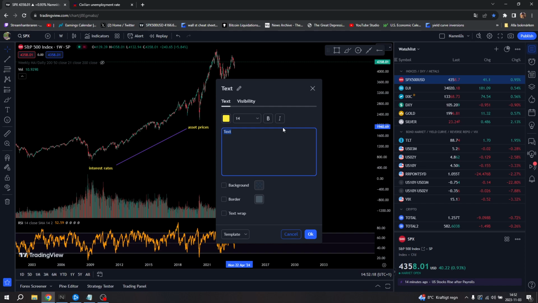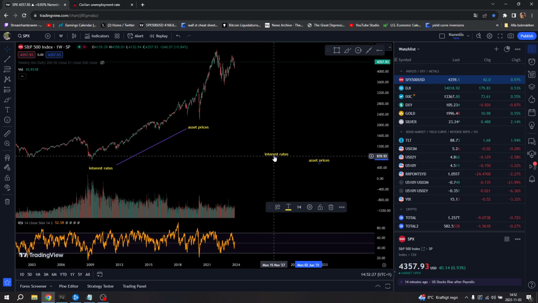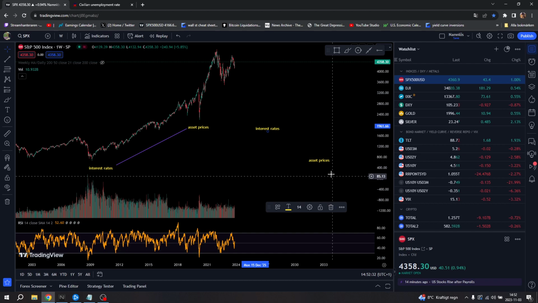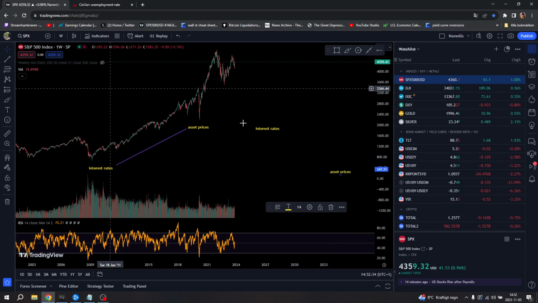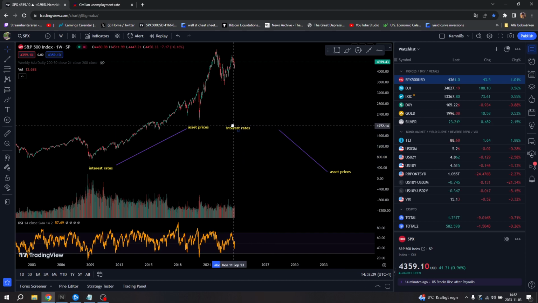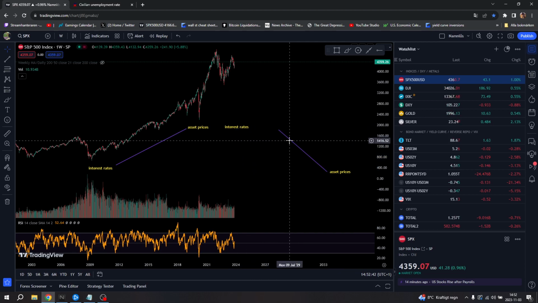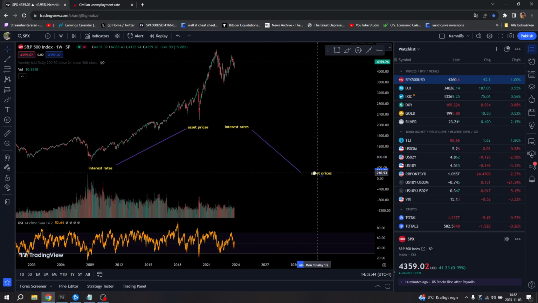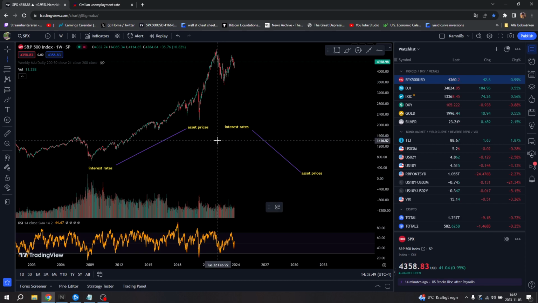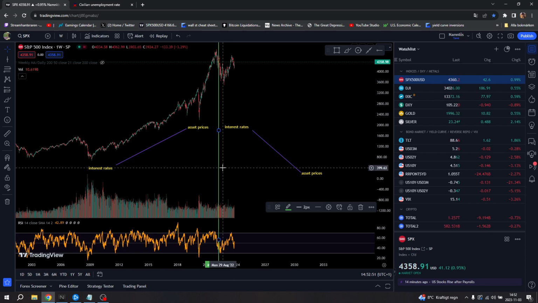On this side of the chart, ever since they started the rate hiking cycle around there.